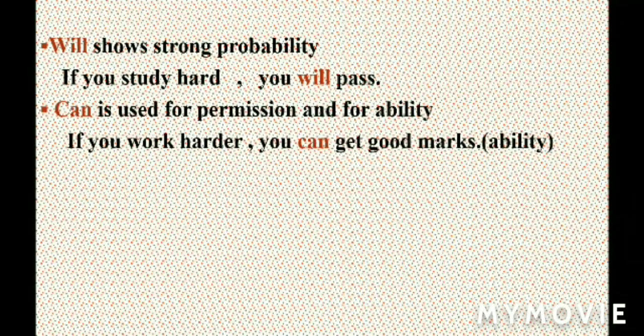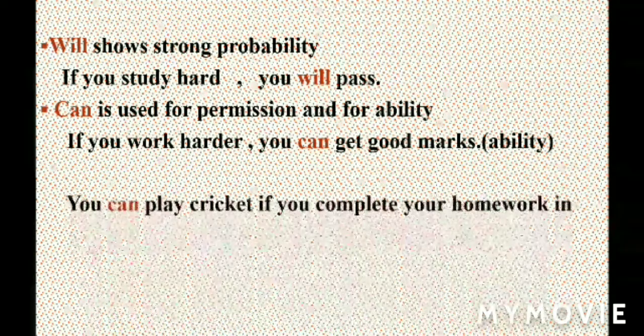Can is used for permission and for ability. For example, if you work harder, you can get good marks. This is showing ability, that you have the ability to get good marks; only this condition of working hard is to be fulfilled.